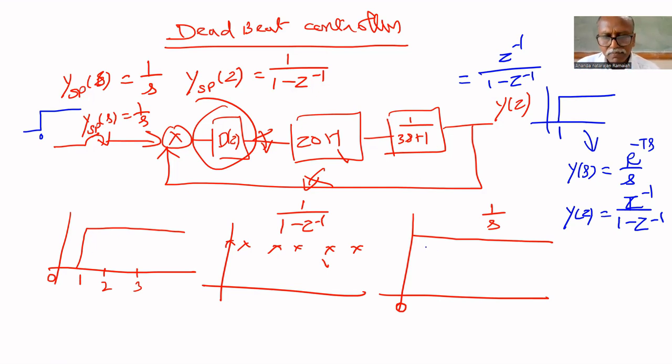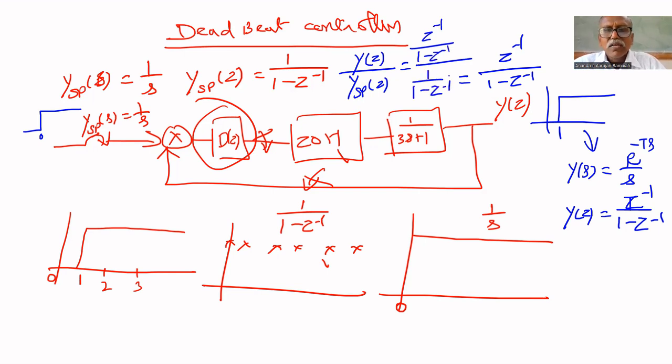So what is y of z by y set point of z, the transfer function output by input? The output is z power minus 1 upon 1 minus z power minus 1, and the input is 1 by 1 minus z power minus 1. These two get cancelled, giving z power minus 1.